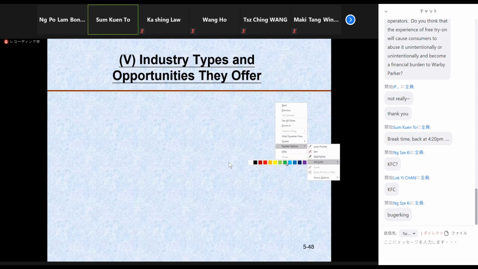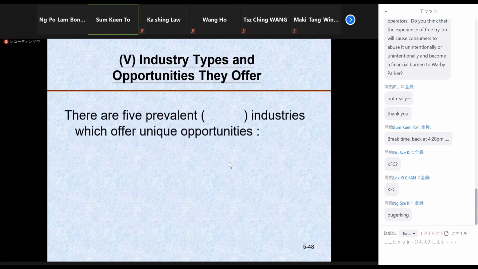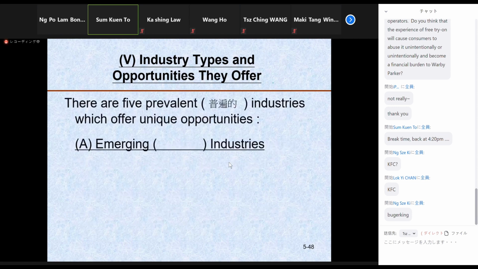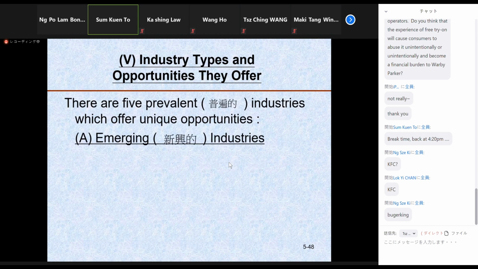All right. Okay, now comes to the 5 industries, which I have just repeated twice, talking about D, E, F, G, M. So when you analyze the industry, there are 5 types. One is called an emerging industry.